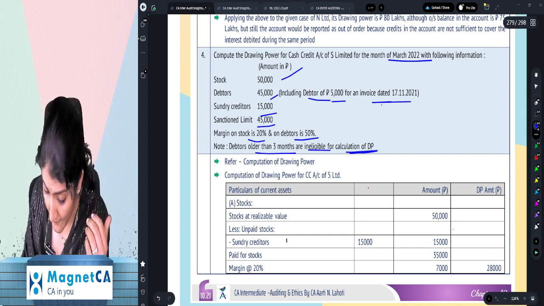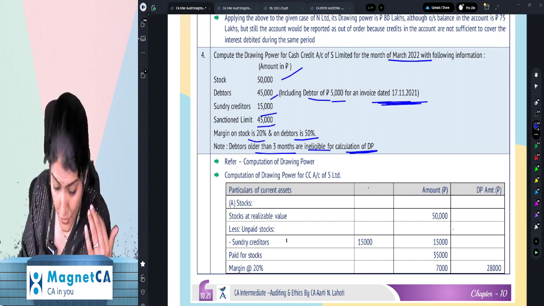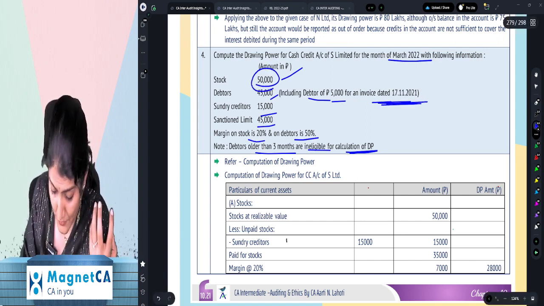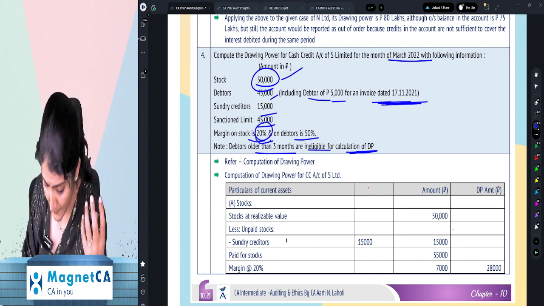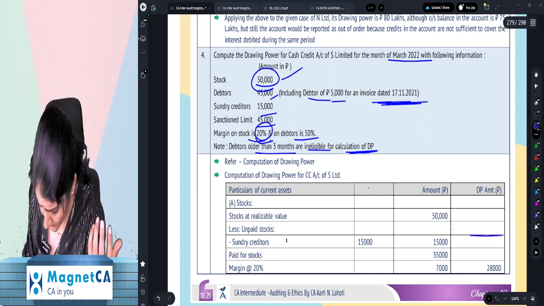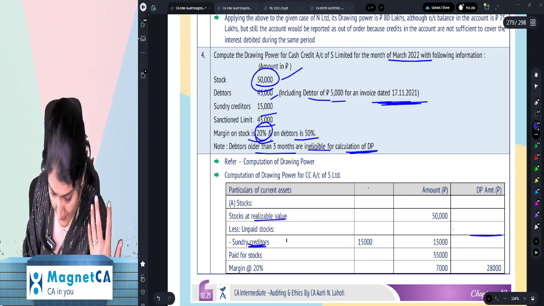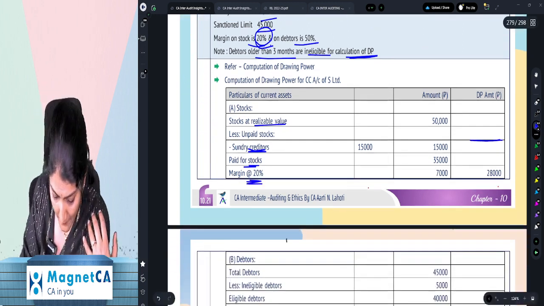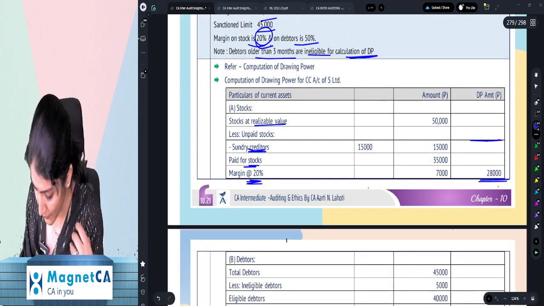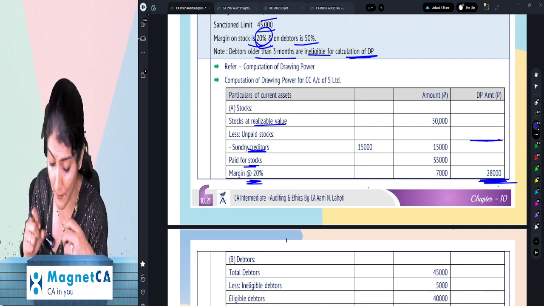And so this is 17 November 2021. So it's older than 3 months. Right? So stock 50,000. How much margin is to be kept on the stock? 20%. So 50,000 minus the unpaid stock, that is sundry creditors, and then the margin for the stock you need to keep is 20%, right?